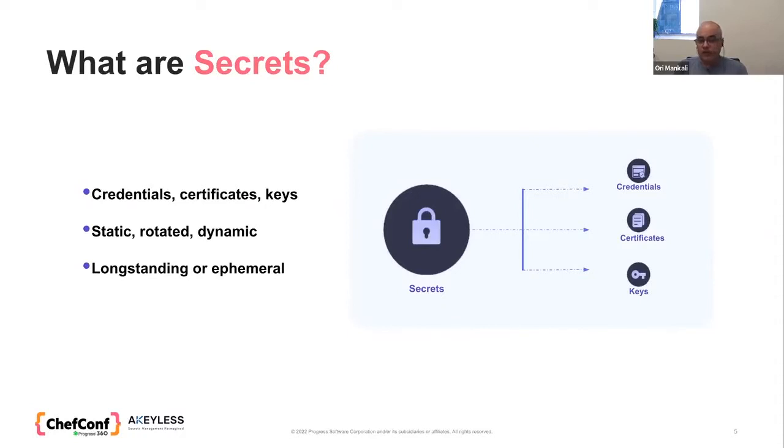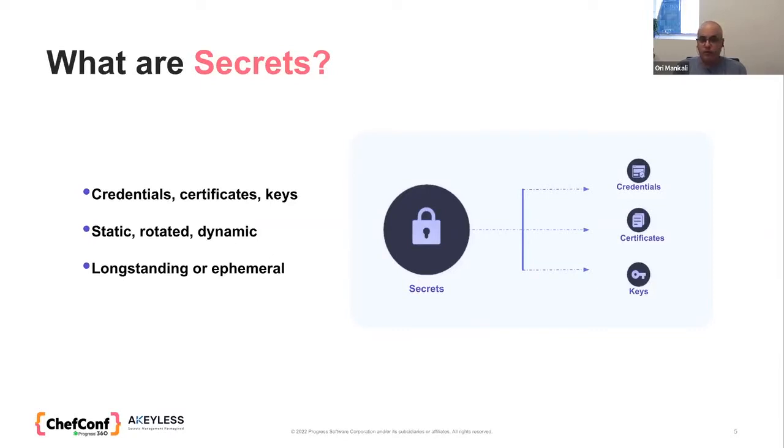It can be a client-side certificate, an API token, and the list is very, very long and diverse. Important to say that some of the secrets, or most of them, are used by applications. It can be a homegrown application. It can be a DevOps tool that I'm using in order to perform an automated job, for example CI/CD, or a configuration management tool, or a container orchestration tool, etc.